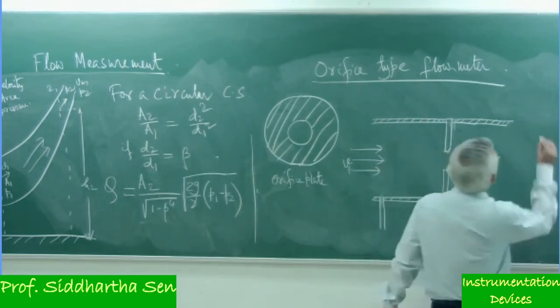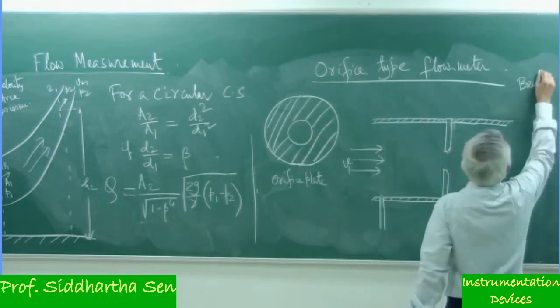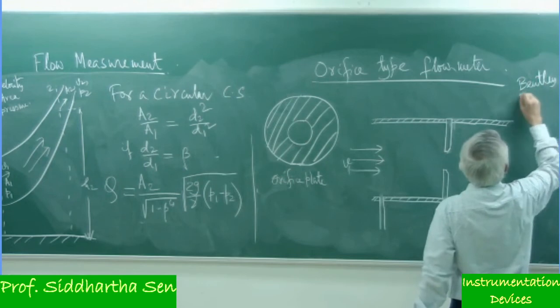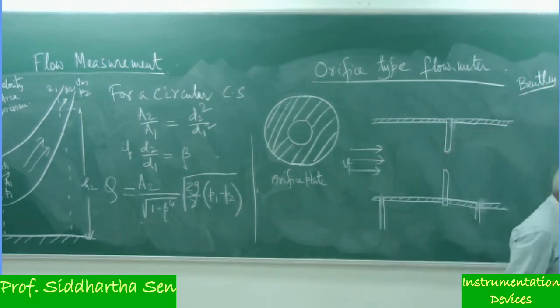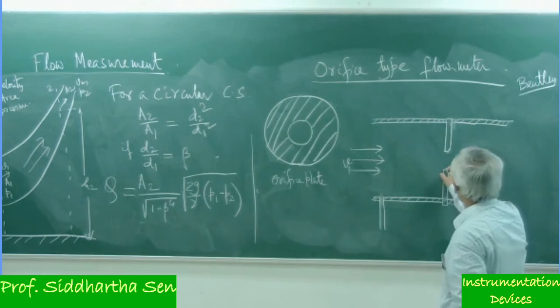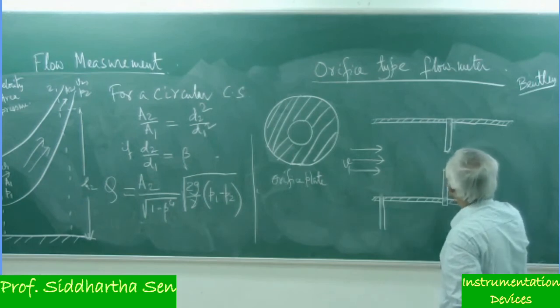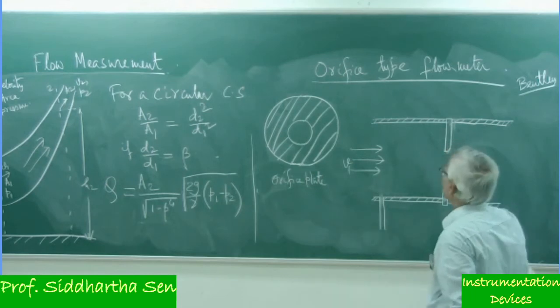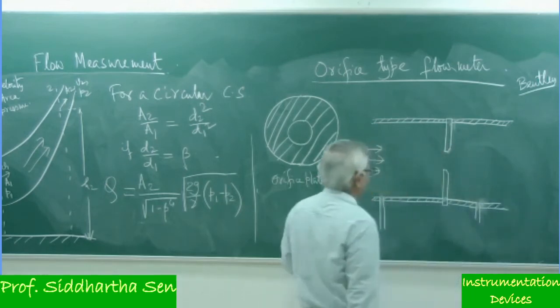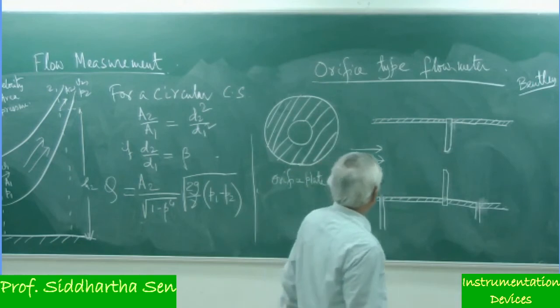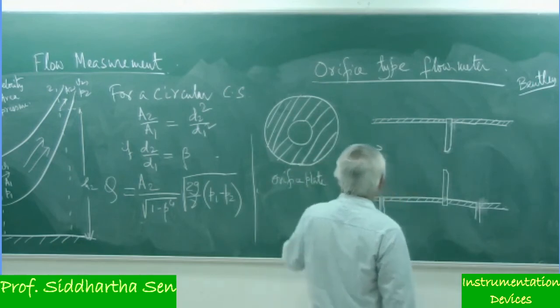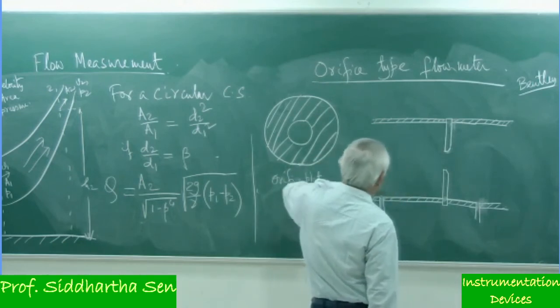You refer to Bentley's book or any other instrumentation book for the actual constructions and dimensions. Normally this angle is 45 degrees. These are the other things. I am not going into detail.